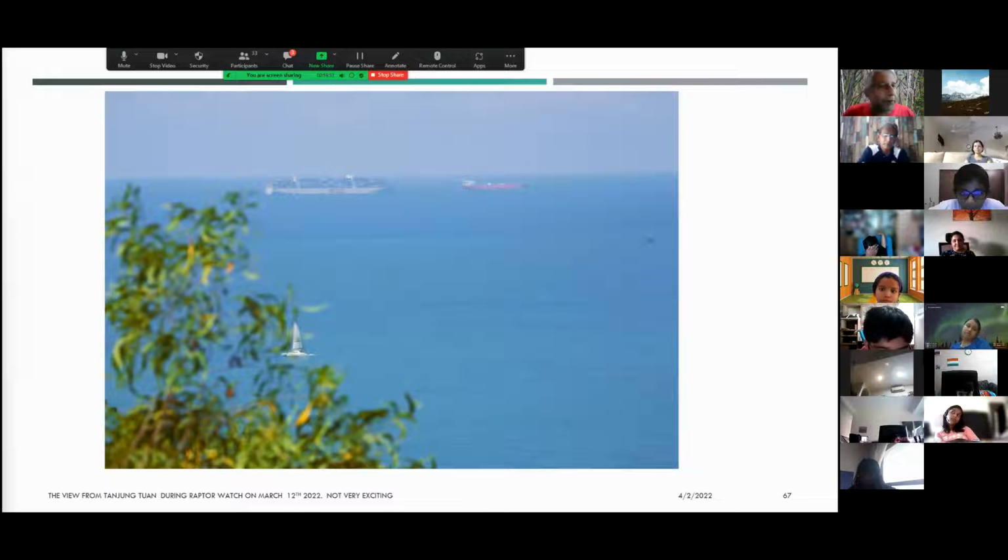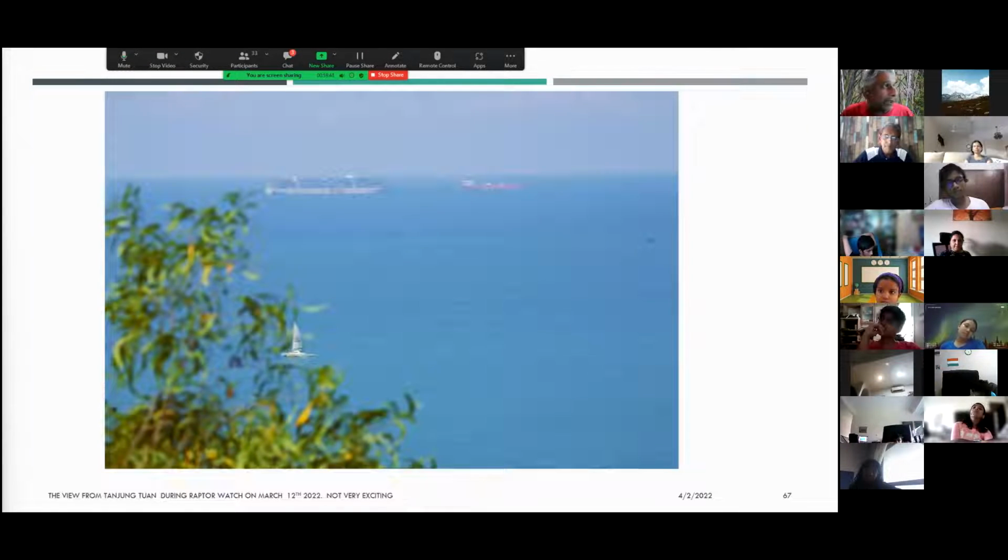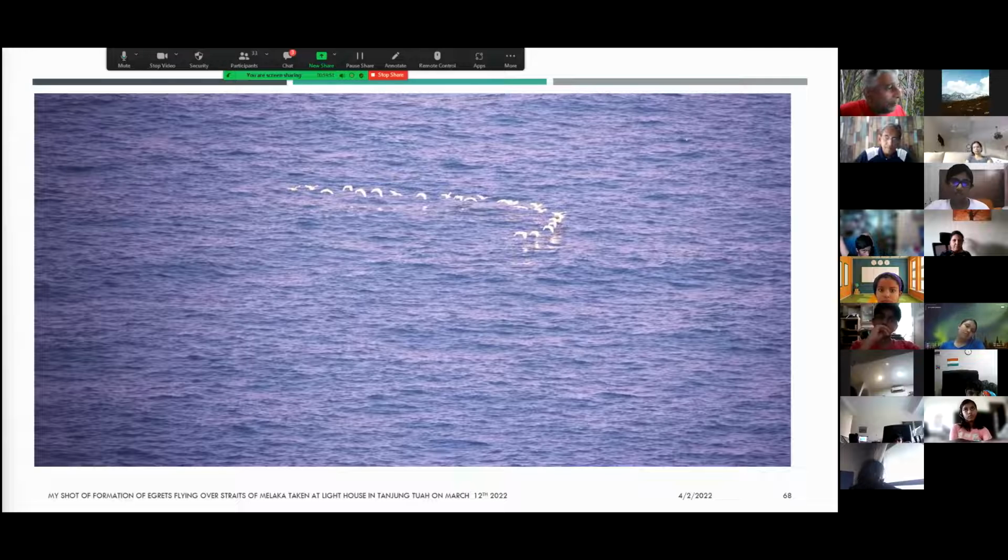Another picture I'm trying to show you is Tanjung Tuan, on top of a lighthouse, where I was looking for eagles that were flying. Again, a very boring picture, just the sea and 2 boats there. But after waiting for a while, I saw these egrets flying in a formation, a very unusual and rare sight.